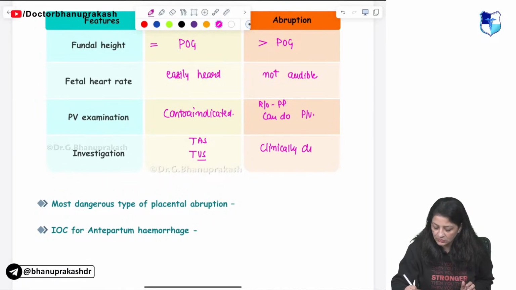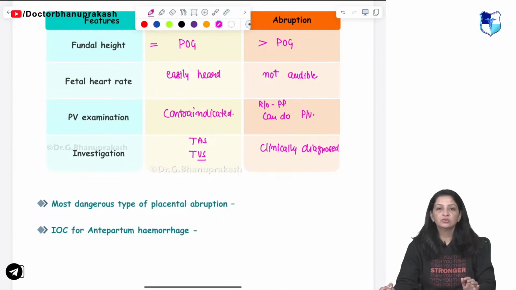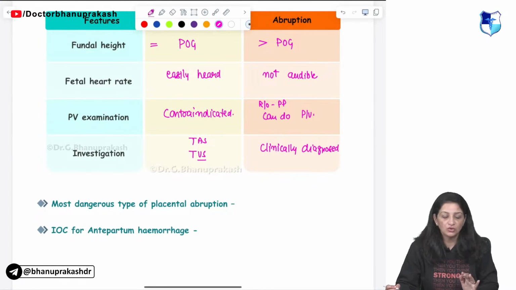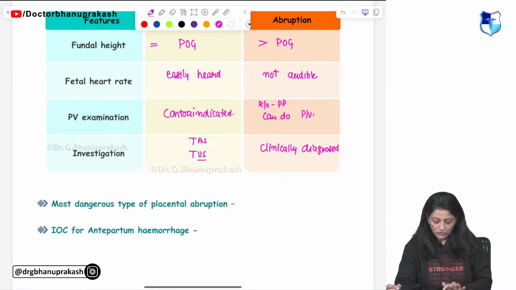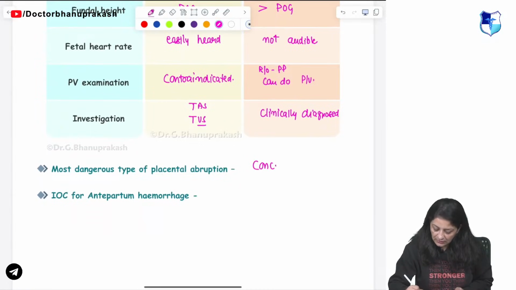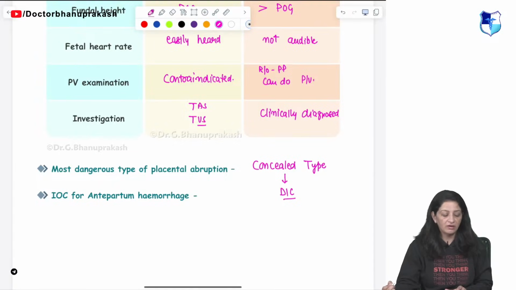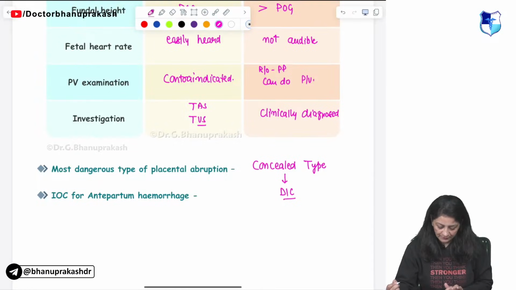So it is not important to do ultrasound in case of abruption. The most common type of placental abruption is concealed type, because there is a risk of DIC, disseminated intravascular coagulopathy.